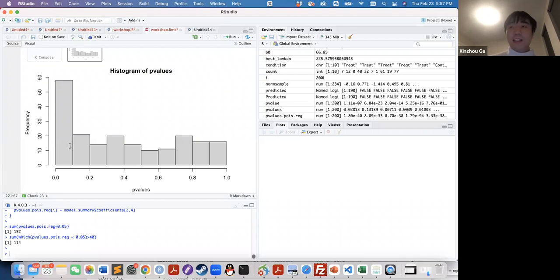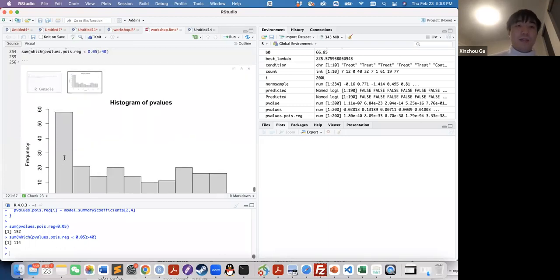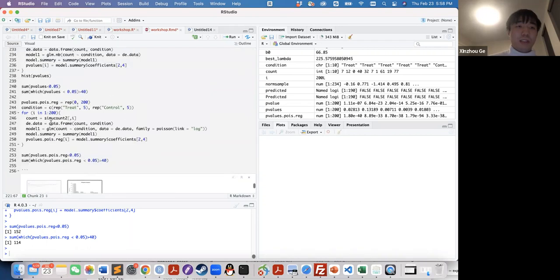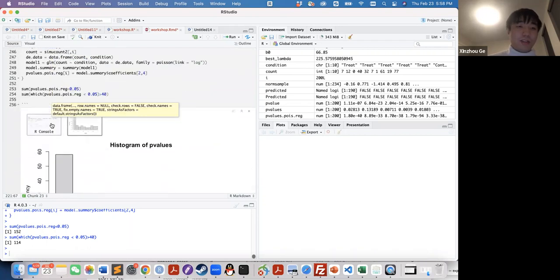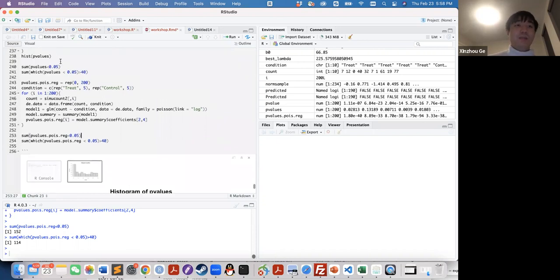And it means that even for non-DE genes, there is a chance to have p-values smaller than 0.05, and that probability will be exactly 0.05, so they will be part of the discoveries which are actually false discoveries. It makes sense. But if we compare the results from negative binomial regression to the results from the Poisson regression, we can see that the number of false discoveries is on a totally different scale.